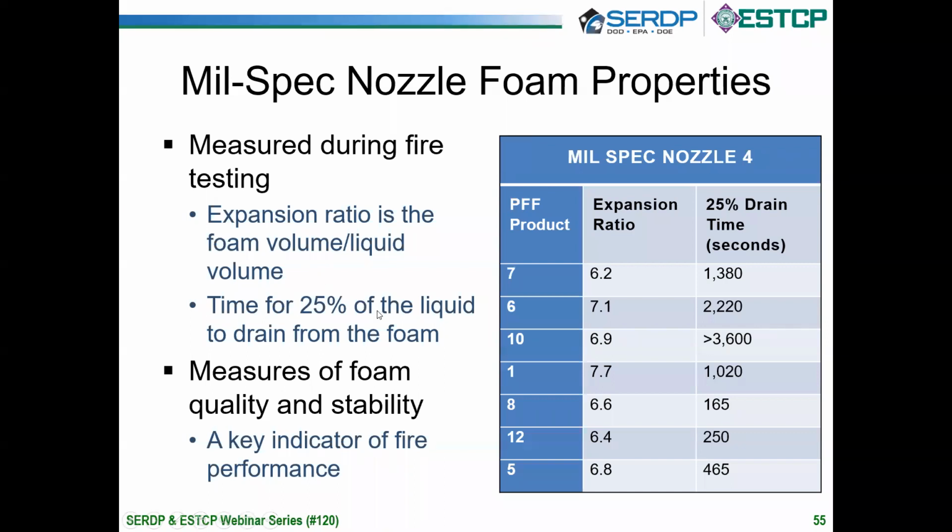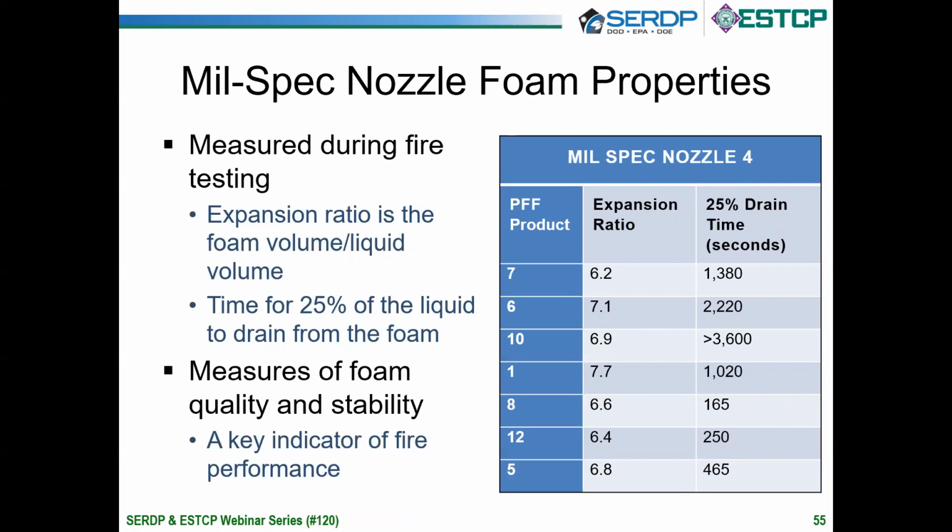And also the time it takes for the foam to collapse, when 25% of it turns into liquid draining, has a minimum of 360 seconds. So what you find here is that these specs are met with mil-spec criteria, but clearly these products do not meet the mil-spec. So it has to be more than just meeting this particular spec.